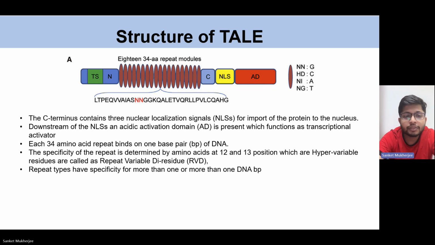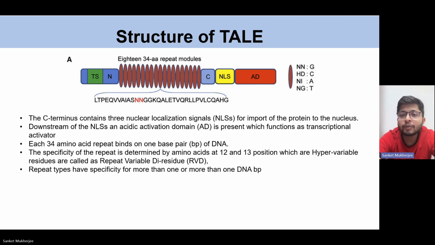If this is the N terminal and this is the C terminal, then the C terminal contains three nuclear localization signals. This is important because the nuclear localization signal will determine the fate of this protein to get into the nucleus.